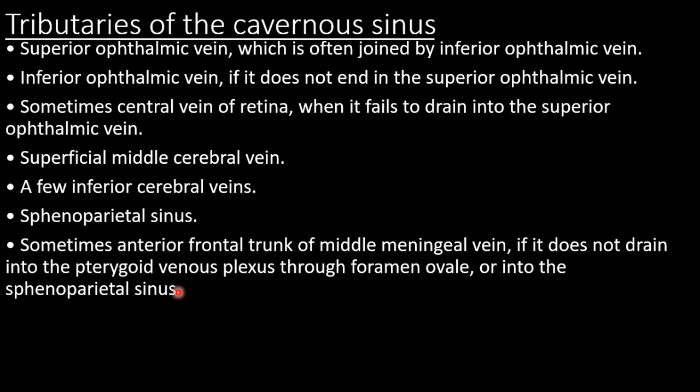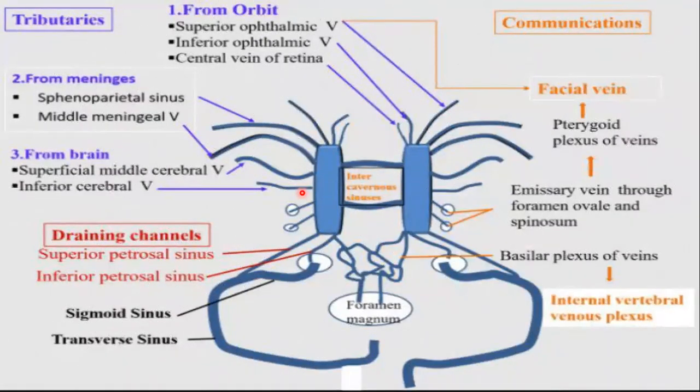Okay, and the sphenoparietal sinus is a tributary of the cavernous sinus. Okay, these are the tributaries, and the tributaries come from 3 areas: from the orbit, from the meninges, and from the brain.